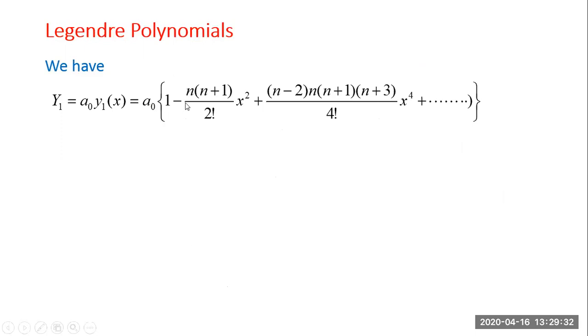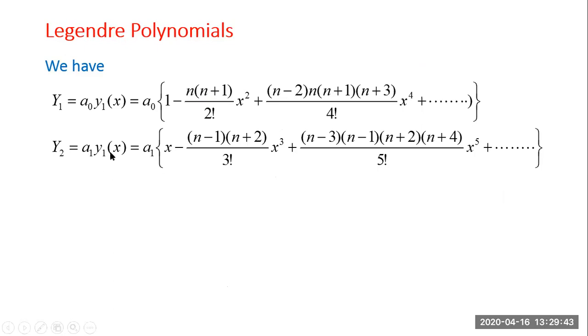So it is a naught into 1 minus n into n plus 1 by 2 factorial x square, plus (n minus 2) n (n plus 1)(n plus 3) by 4 factorial x power 4, and so on. And a1 y2(x) I denote by capital Y2, which is a1 into x minus (n minus 1)(n plus 2) by 3 factorial x cube, plus (n minus 3)(n minus 1)(n plus 2)(n plus 4) by 5 factorial x power 5, and so on.